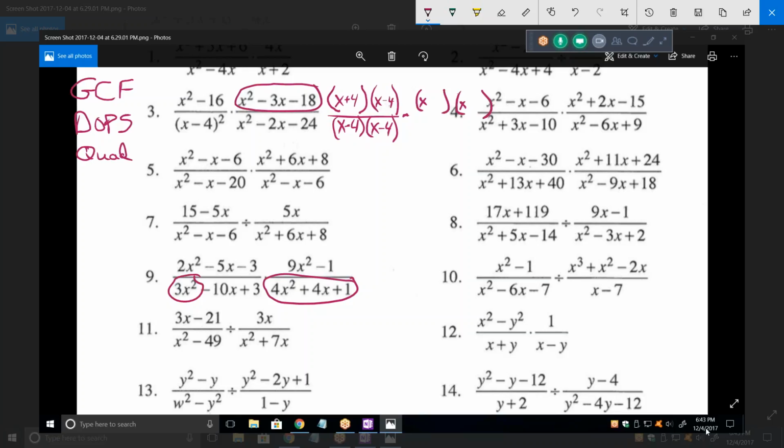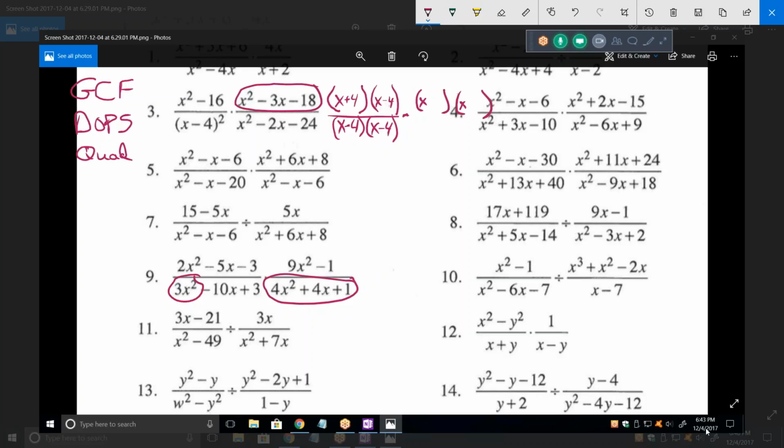What's the second step? Do you know? Then you determine both signs, not just one sign, both signs. What do the signs have to be? The signs both have to be negative.